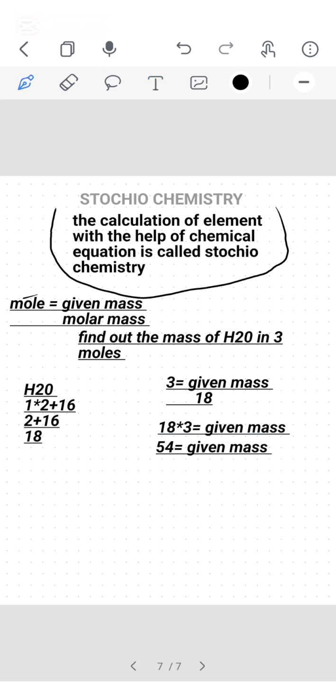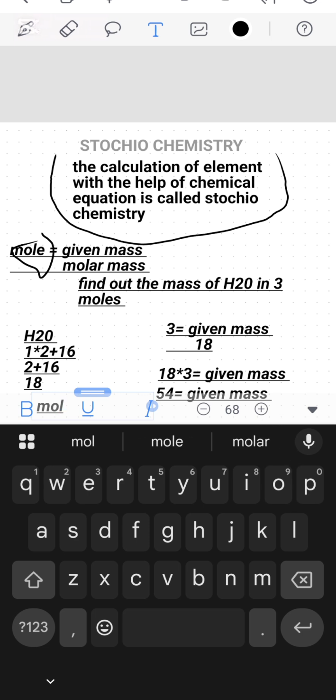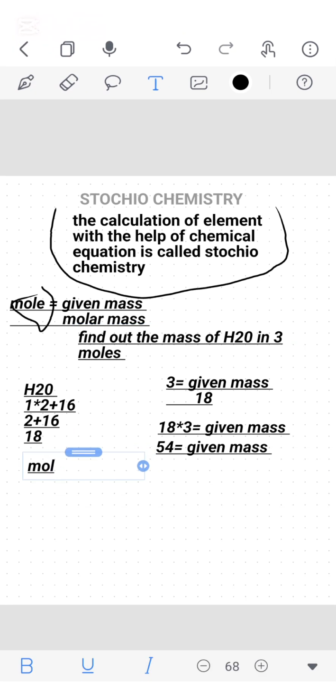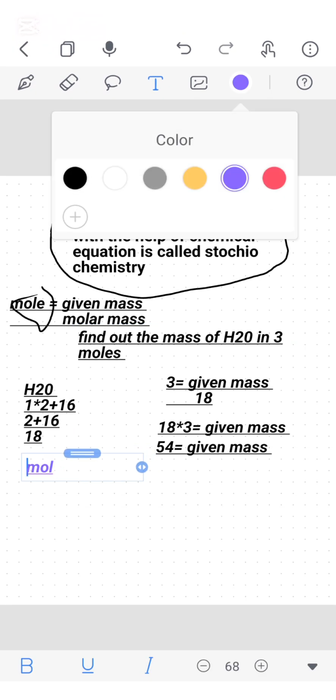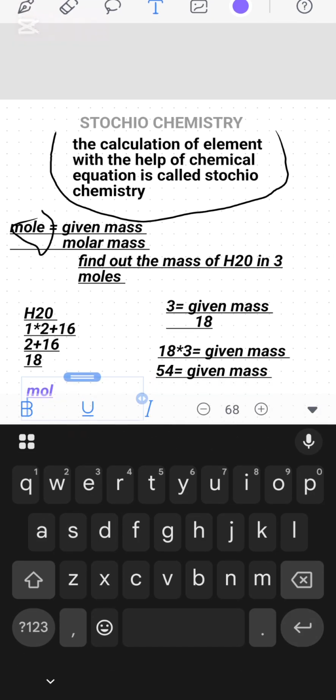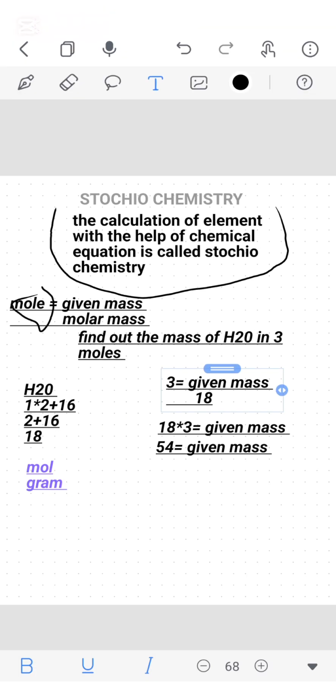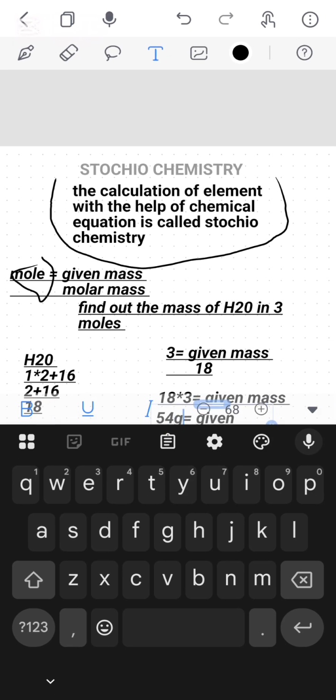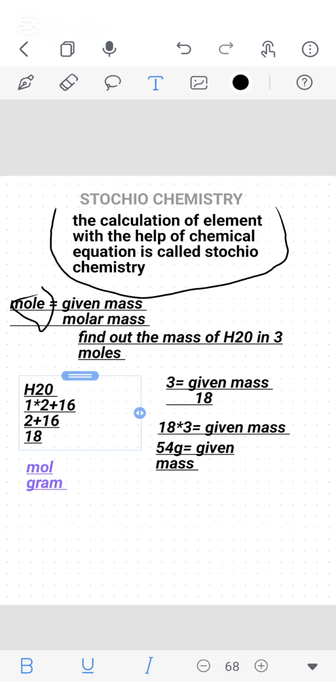If we have to find masses and molar masses, the unit we'll be using is gram. So if we find the mass, we use gram. After that I can add gram, simply g. That is how the equation is done. I hope it is clear to you.